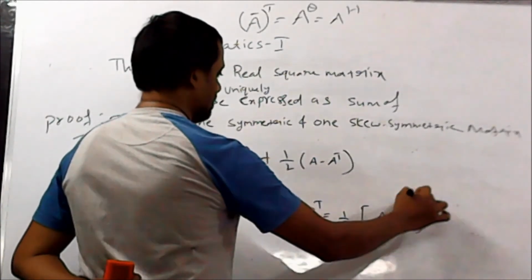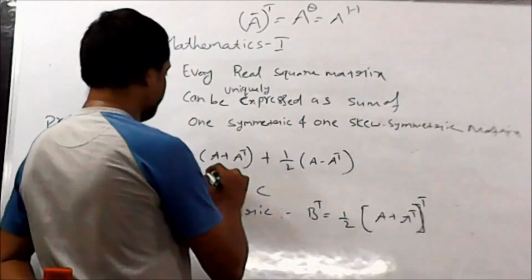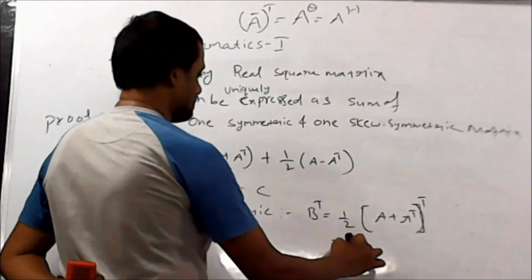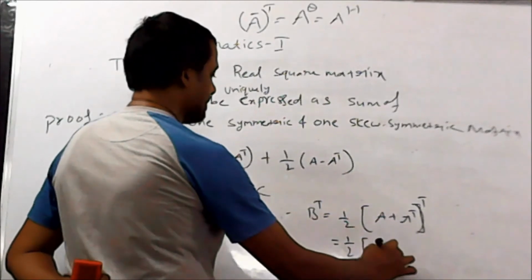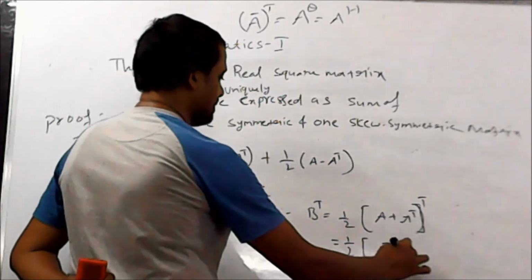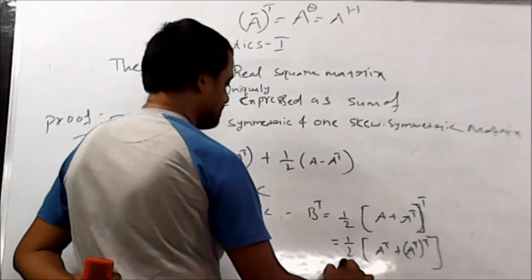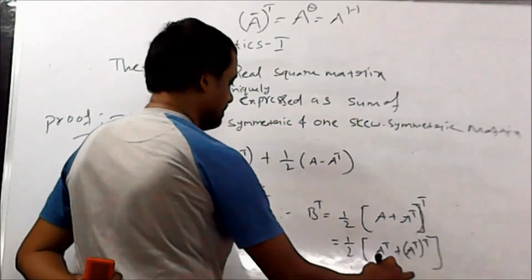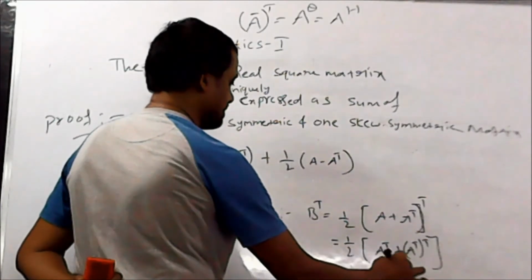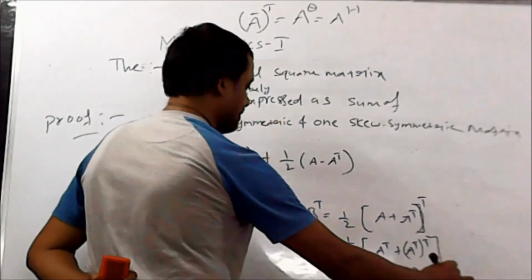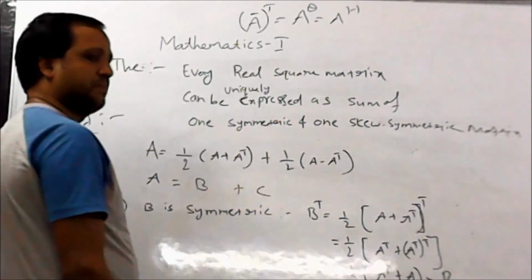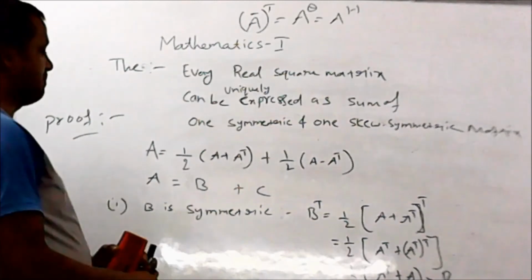We are applying transpose on B. So 1/2 is constant outside. (A plus B) whole transpose is A transpose plus B transpose. Here (A transpose) whole transpose is A only. First is A transpose, second one is A. Nothing but B. Here we got B transpose equal to B, which means B is symmetric.